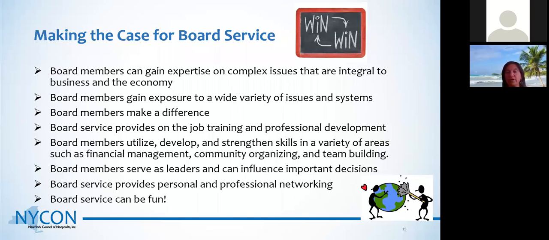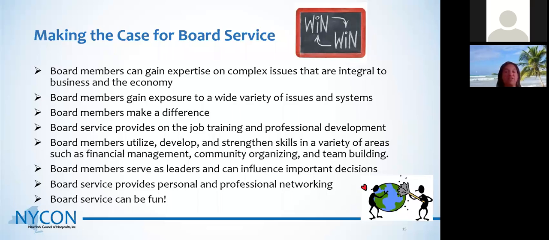It's a really great opportunity for learning about business and the economy. How is the impact of COVID coming down on our local nonprofits, on our local community? What is that going to mean? How can we address that? Those are all really important strategic questions our boards need to be looking at.